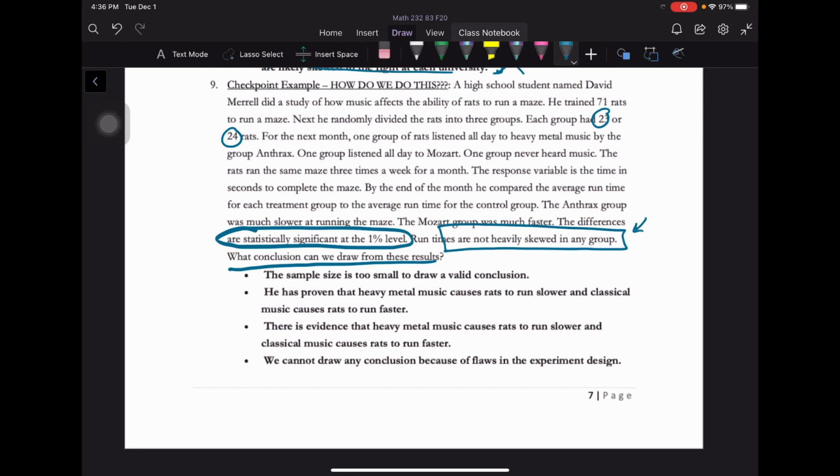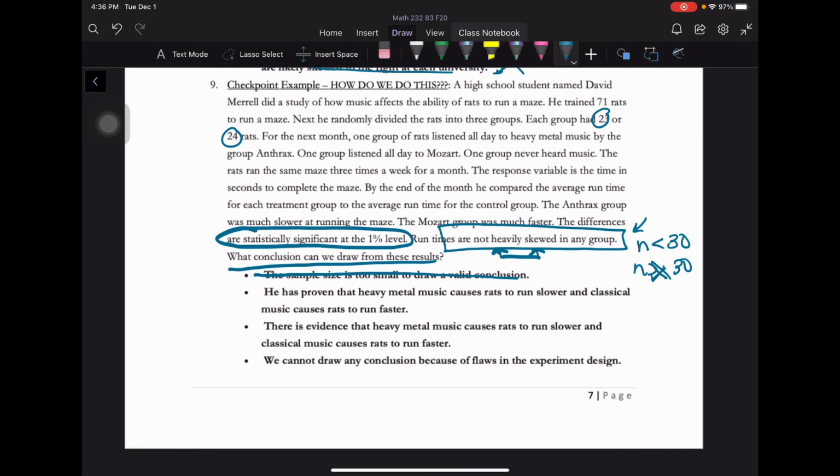That's our key indicator. Since N is less than 30, we're looking at whether there are outliers or skewness. And because it's not heavily skewed, we're okay to use this data. We can ignore the sample size being too small because of the statement about it not being heavily skewed.